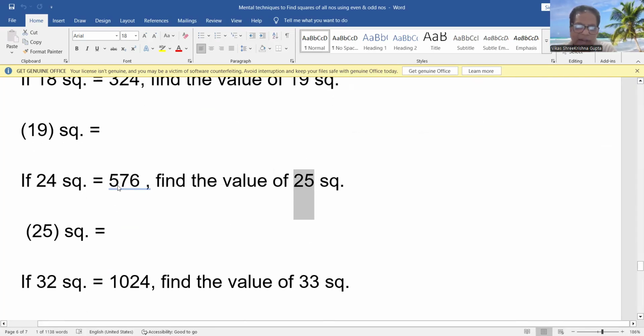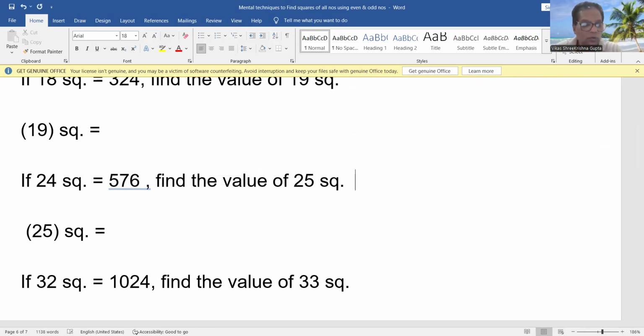So 49 plus 576, I get the answer as 625. And this is the square of 25.